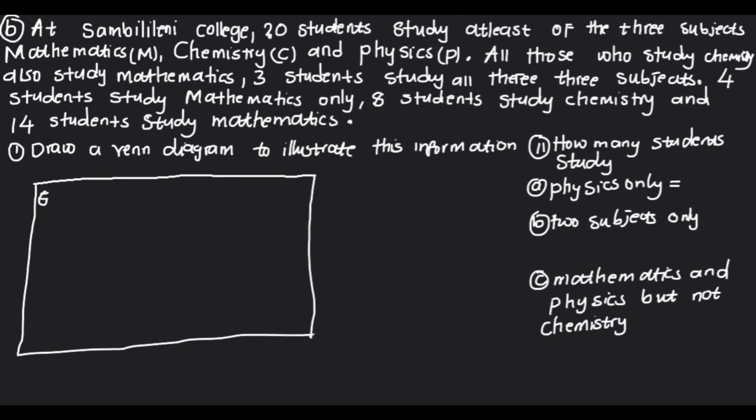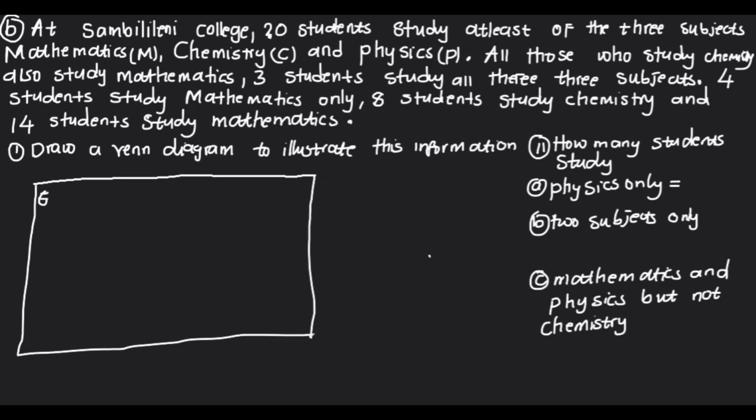Now there is the first point here. All those who study chemistry also study mathematics. So from this statement, we can see that chemistry is a subset of mathematics.